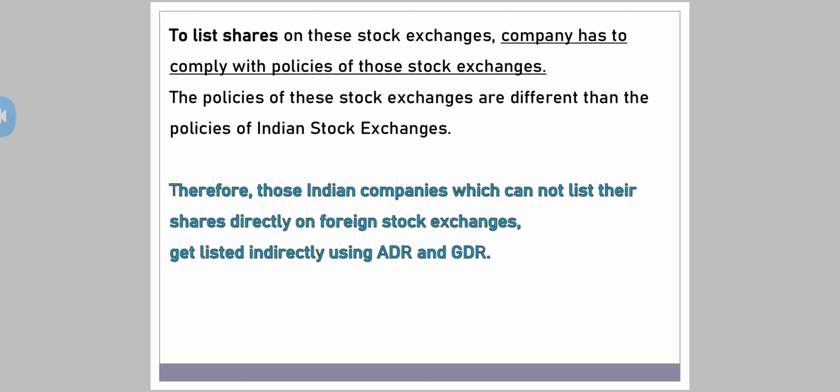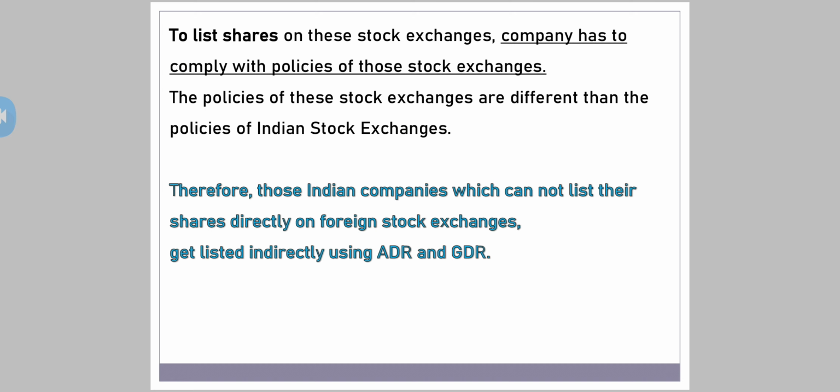So to list the shares on those stock exchanges, it's very important for an Indian company to follow the rules, regulations and policies. The policies of these stock exchanges are different from the policies of Indian stock exchanges. Obviously, all the stock exchanges have their own policies depending upon their country.